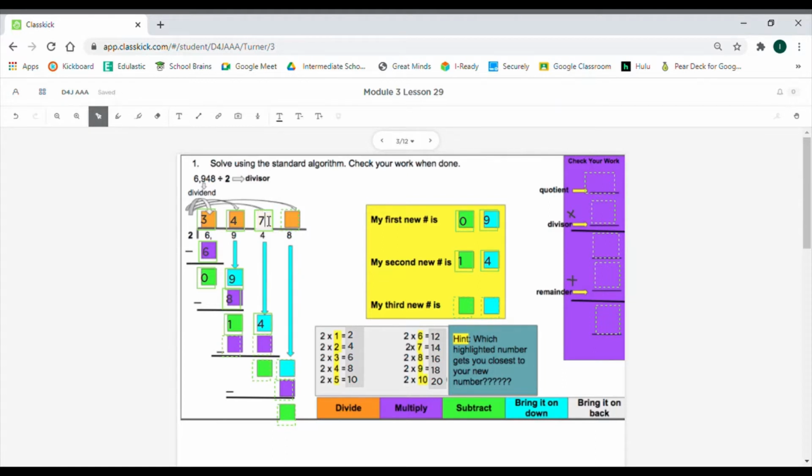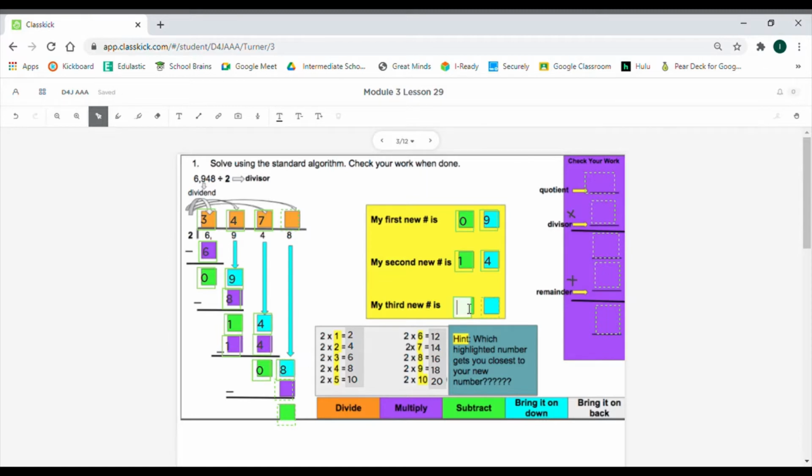We just put a 7 at the top, and our divisor is 2. 2 times 7, what do we get? Yeah, 14. And subtract. 14 minus 14, what do we get? Oh, easy peasy. 0.